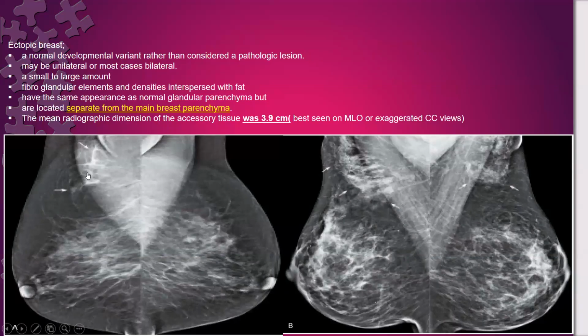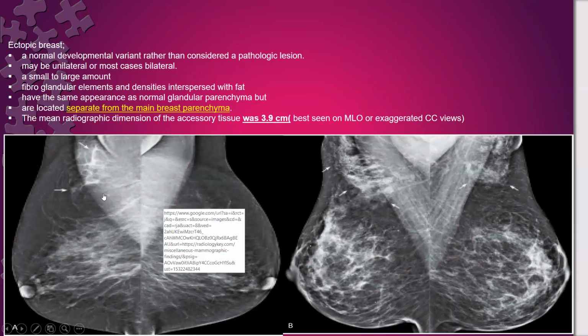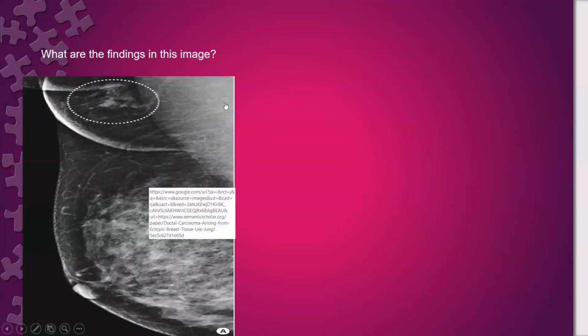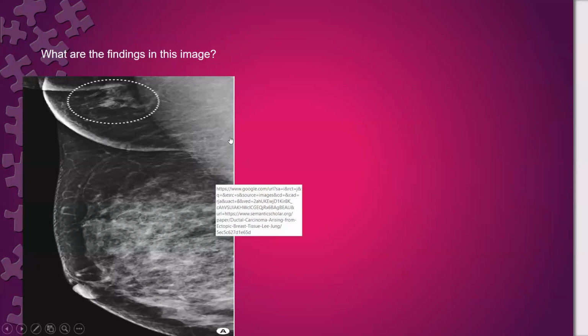That is why, to say this is ectopic, you have to see it separate from the remainder of the parenchyma. Okay, what about this case? The first case, this one. What about this patient? Separate.